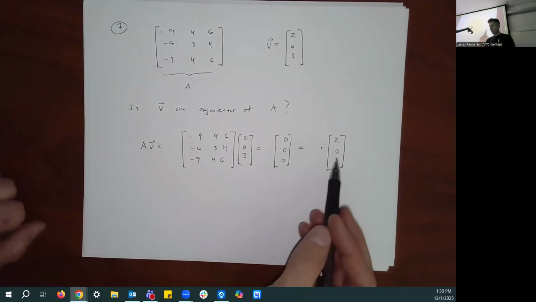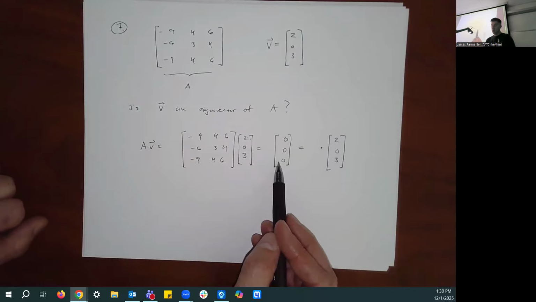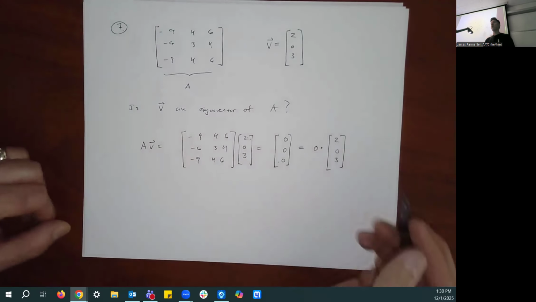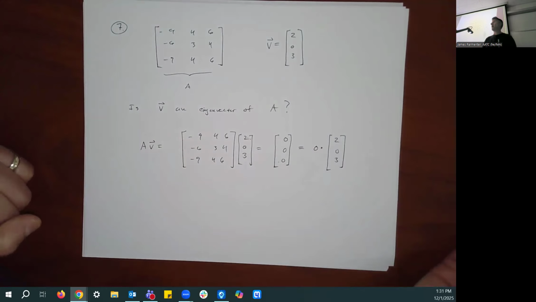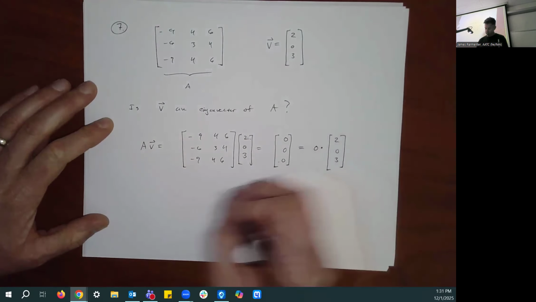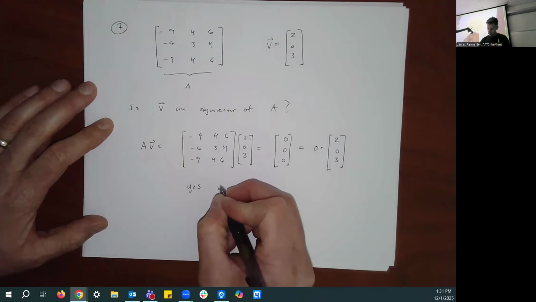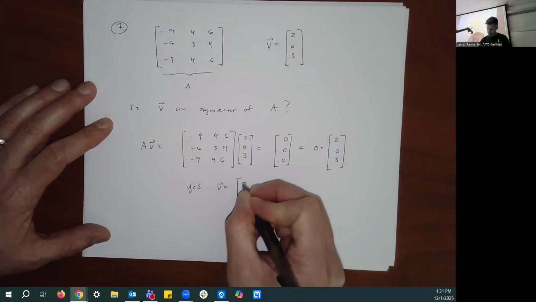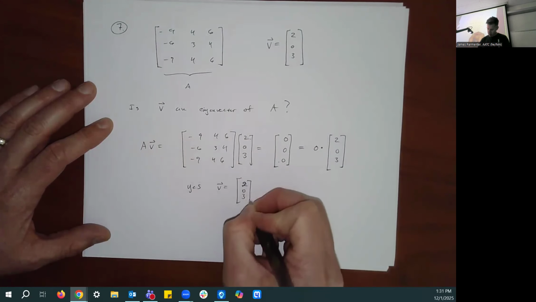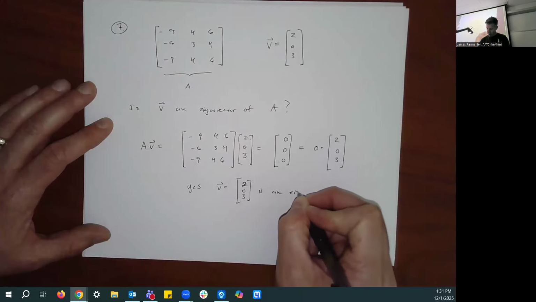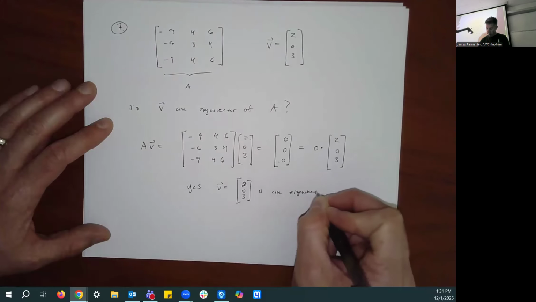What number could you multiply this vector by and get that vector? And 0 is okay for an eigenvalue, just not for an eigenvector. So yes, this is an eigenvector. V equal to 2, 0, 3 is an eigenvector, and the eigenvalue is 0.